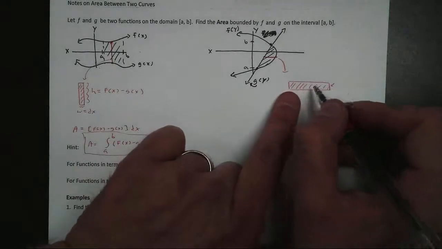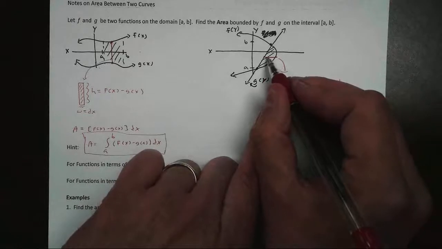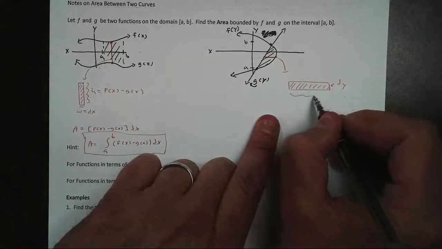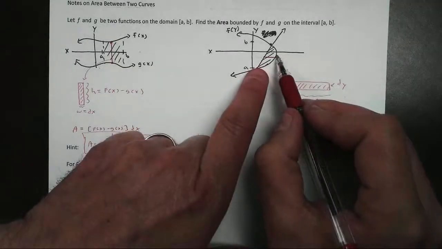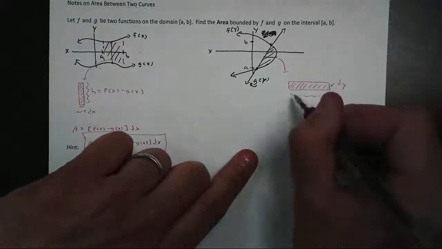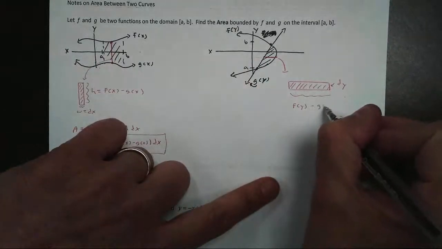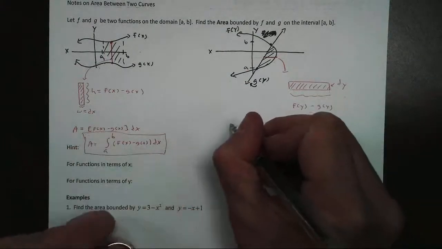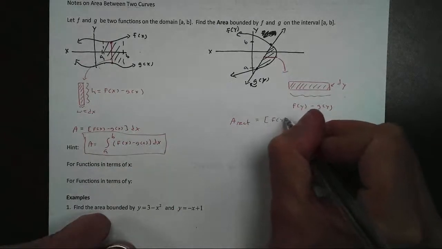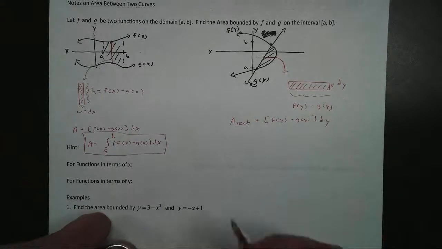So this rectangle right here will have a width of dy, because it's very thin, and it's in terms of y this time. How do I get the length here? Well, in this case, we're going to go with the right function minus the left function. So the right function is going to be f of y minus the left function, which is g of y. So again, the area of our one rectangle is f of y minus g of y, see we're in terms of y, dy.